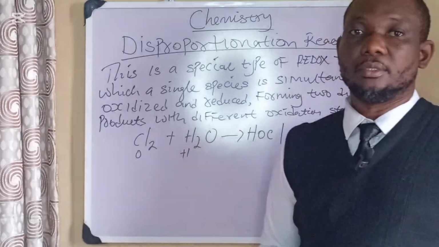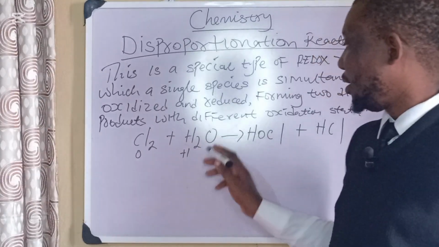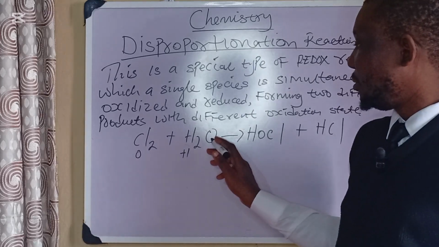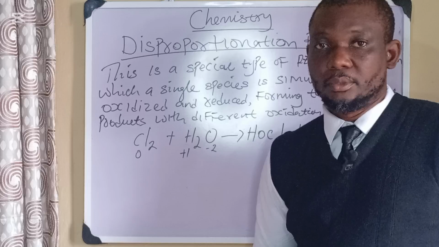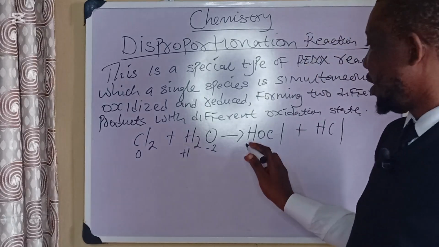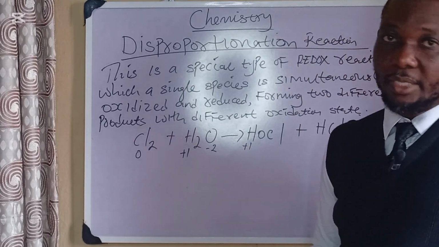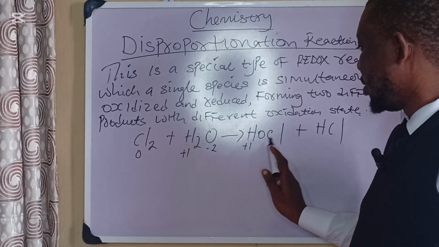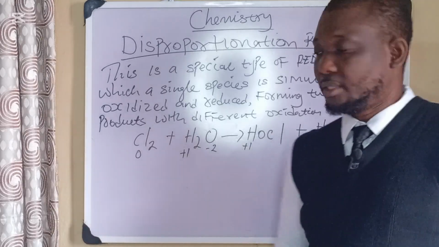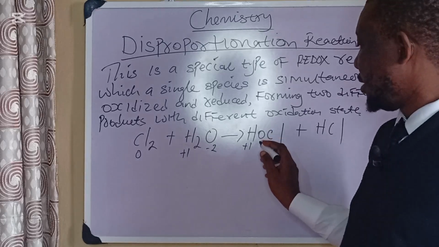So you can see oxygen. The oxidation state of oxygen is minus two because it's combined with hydrogen. The oxidation state of hydrogen here is still plus one because it's combined. To know what this one is, find out what this one is, because this whole oxygen here is also combined.